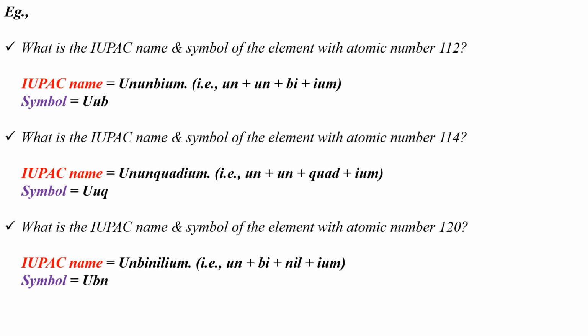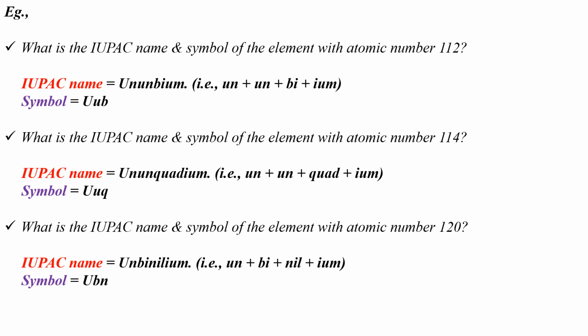You can see that we have shortened the root bi and the suffix IUM when we linked them together as BIUM, B-I-U-M, okay? So it is not B-I-I-U-M, but the correct way of linking is B-I-U-M. Its corresponding symbol is written by linking the first letters of the roots un, un and bi in the same order as UUB. Therefore, UUB is the symbol of the element 112.